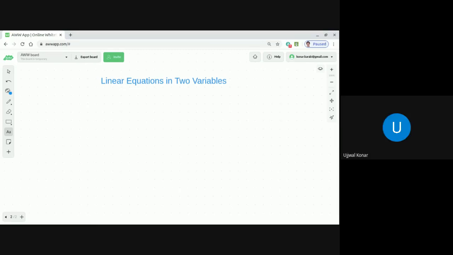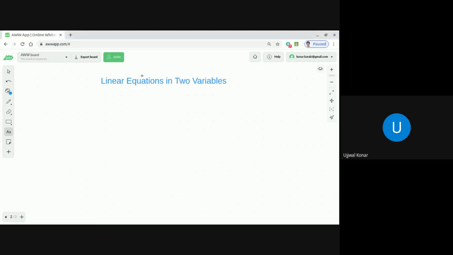So the point is that in linear equations in two variables, there are two variables. But in earlier classes, last year when you were in class 8, you understood one thing called linear equations in one variable, correct or not? What was linear equations in one variable?